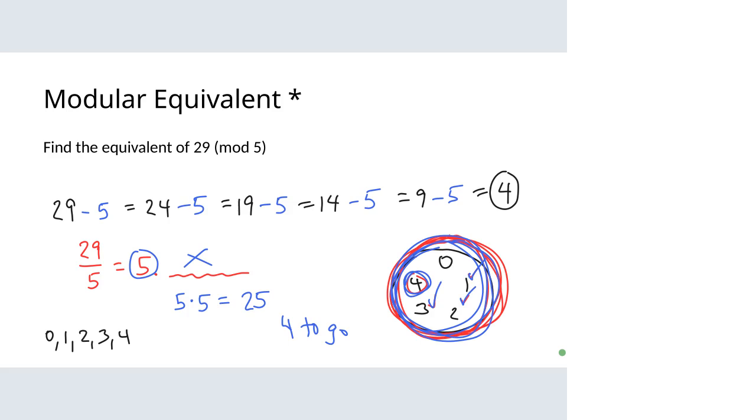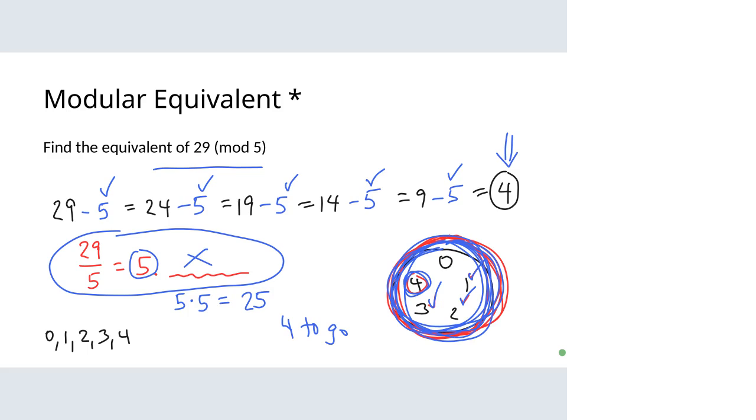And so there are 3 different approaches you can take to answer a question like this one. You can start at 29 and just subtract 5 until you get to a number that's actually allowed to be an answer. You can draw the picture and just count up until you get to 29. Or you can use this approach that Courtney did here and divide. Be careful. The decimal part of the remainder is not important to us.